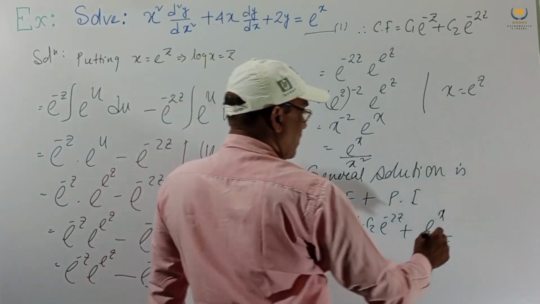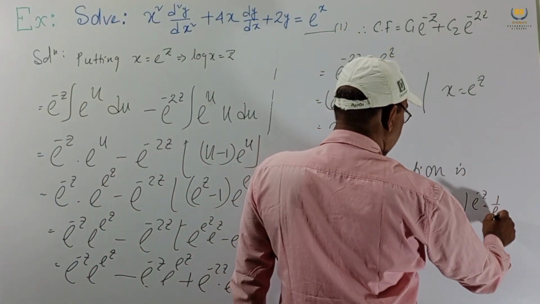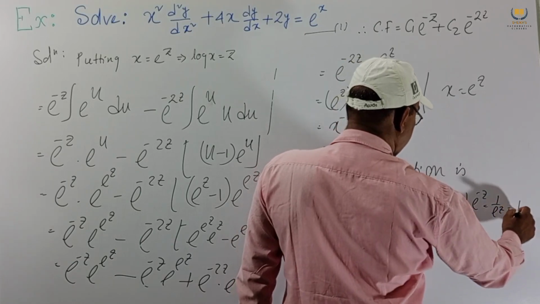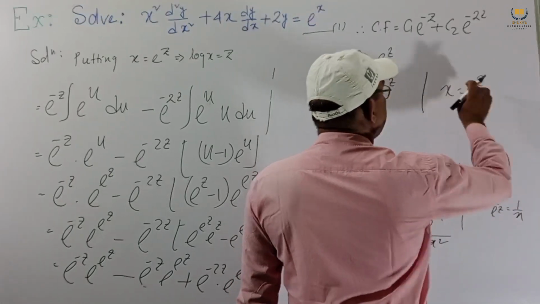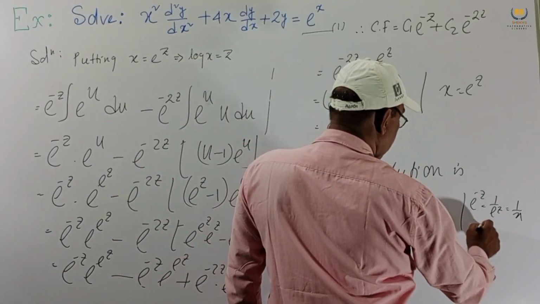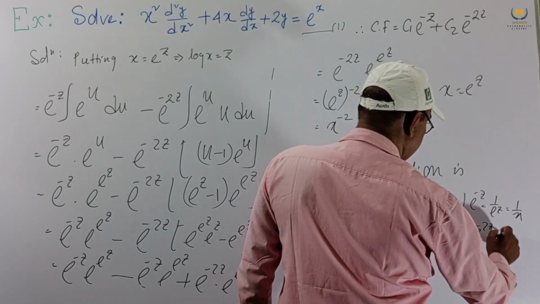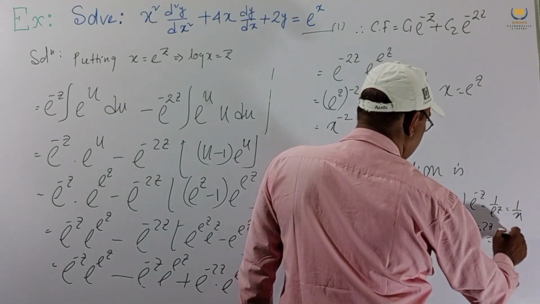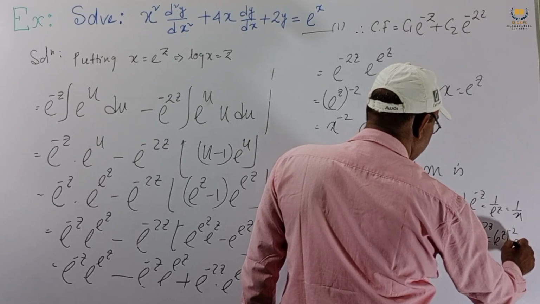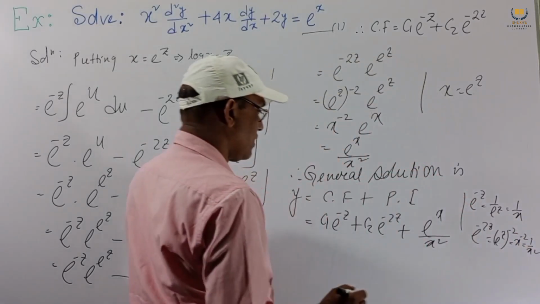And this is what we calculate here. e to the power minus z means 1 by e to the power z, and 1 by x, e to the power z means x. And this one, e to the power minus 2z means this is x to the power minus 2, 1 by x square we get.